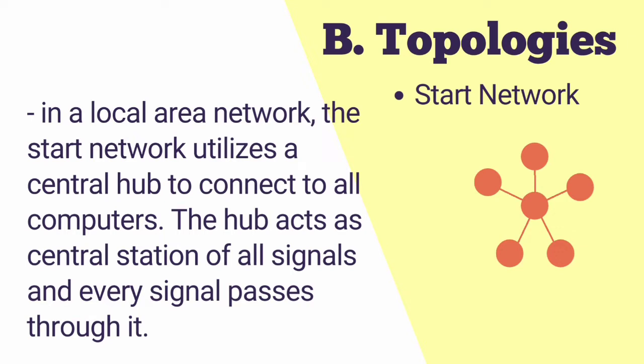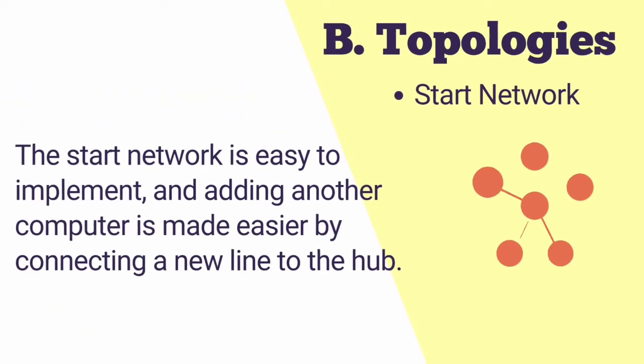The star network utilizes a central hub to connect to all computers. The hub acts as a central station of all signals, and every signal passes through it. The star network is easy to implement, and adding another computer is made easier by connecting a new line to the hub. Yung nasa gitna.